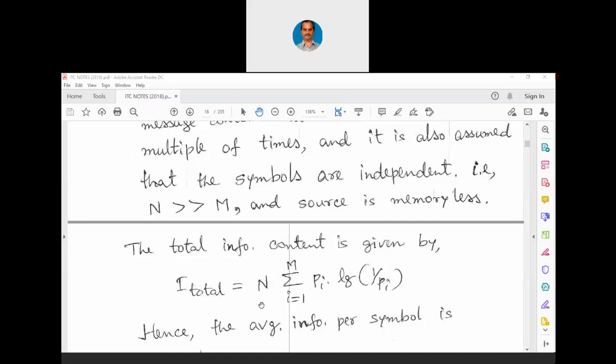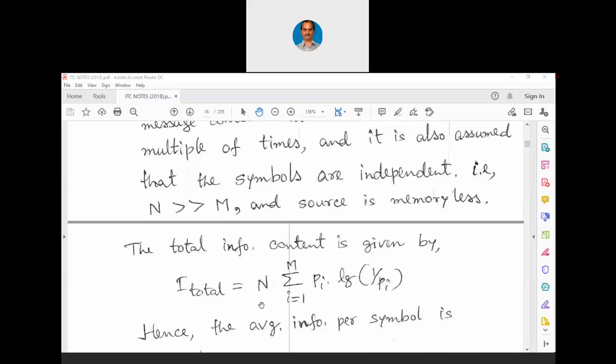Otherwise, if we assume that A is related to B, B is related to C, then life becomes more complicated. You know why? We will have to establish relation between A to B, A to C, A to D, A to E, A to F, A to Z. Again, we have to establish relation between B to A, B to C, B to D, B to E. Think about it.